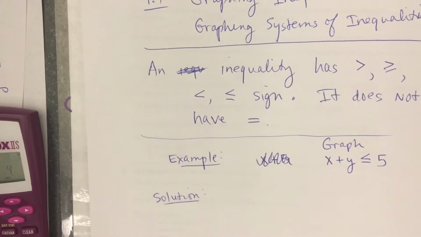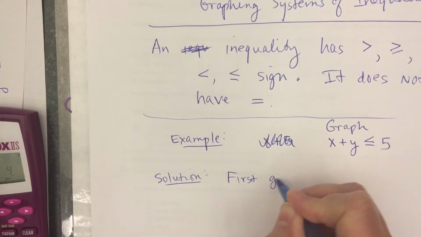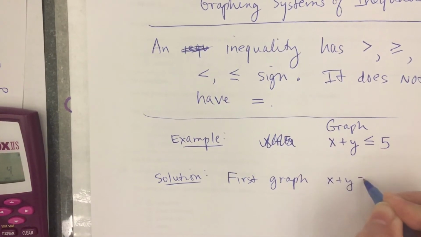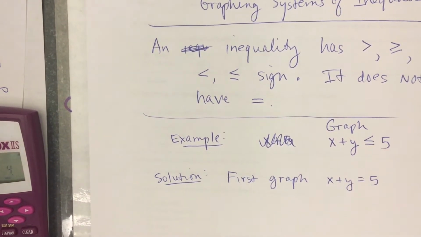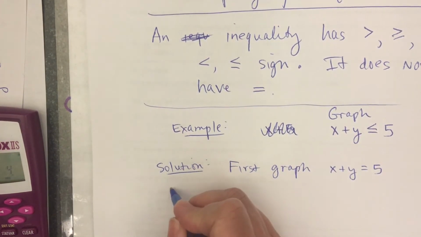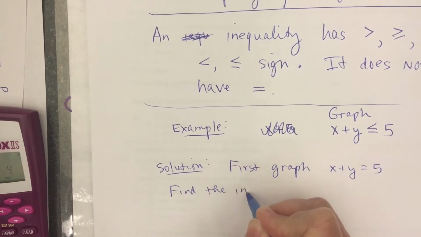For the solution, first, graph x plus y equals 5. So we're looking for the intercepts. Find the intercepts.